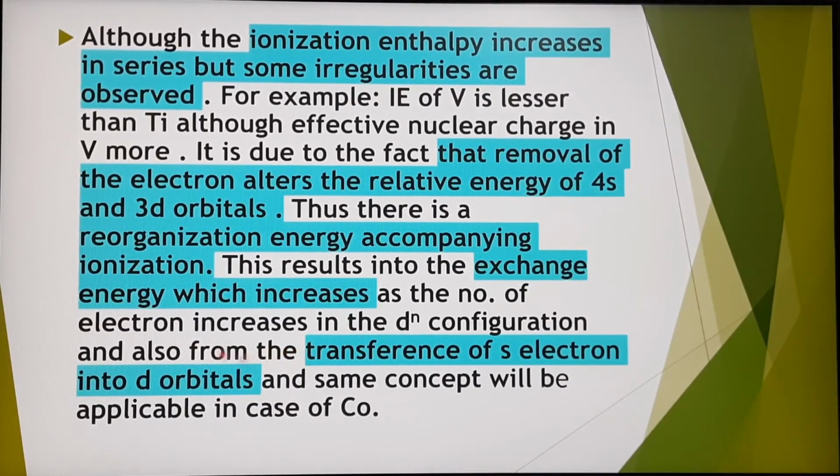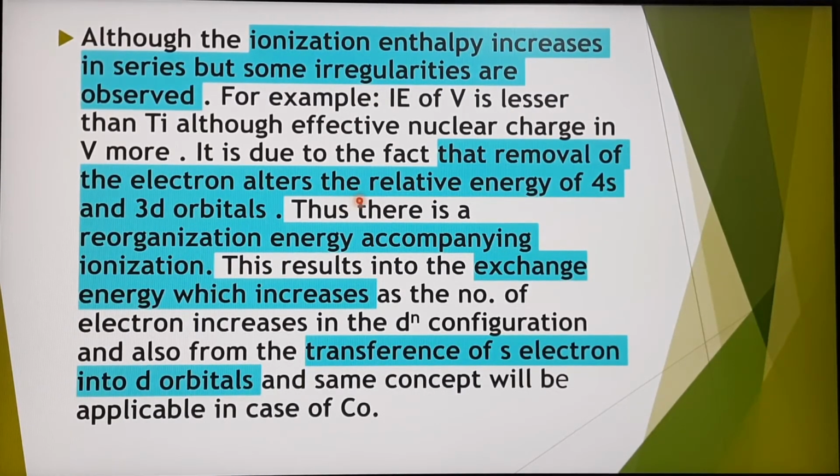Also, from the transference of s electron into d orbital, means after reshuffling of energy of 3d and 4s orbitals, an electron is transferred from s orbital to d orbital. Now they can exchange their position, and during exchange they can release energy.